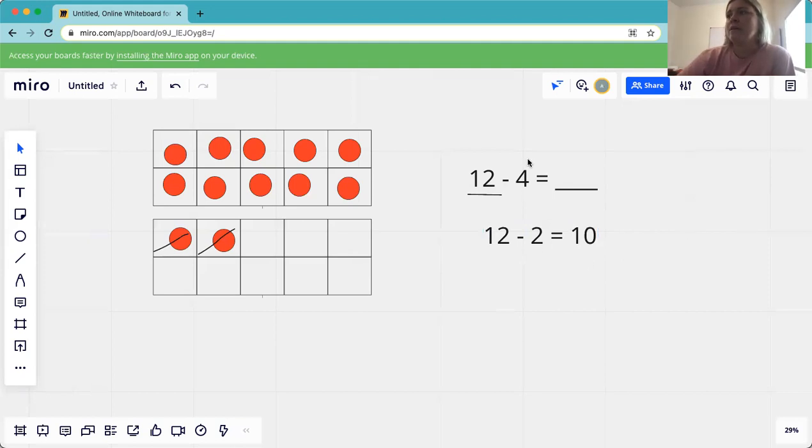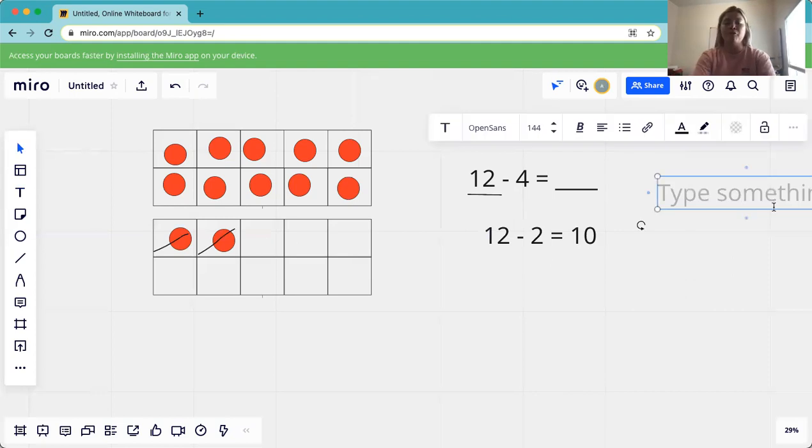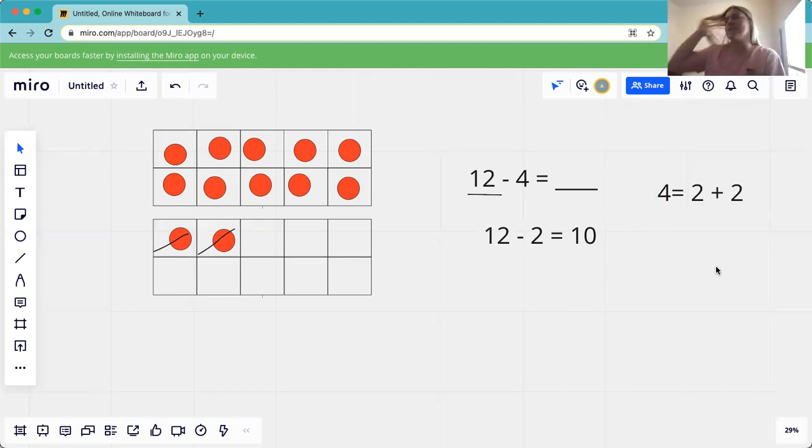Alrighty, now I'm looking at this number because I need to get rid of my 4. All right, so I know that 4 equals 2 plus 1, 2, 3, 4, my 2. Look at that. That's a double stack like we learned in a previous lesson. So 4 equals 2 plus 2. So I need to get rid of 2 more.